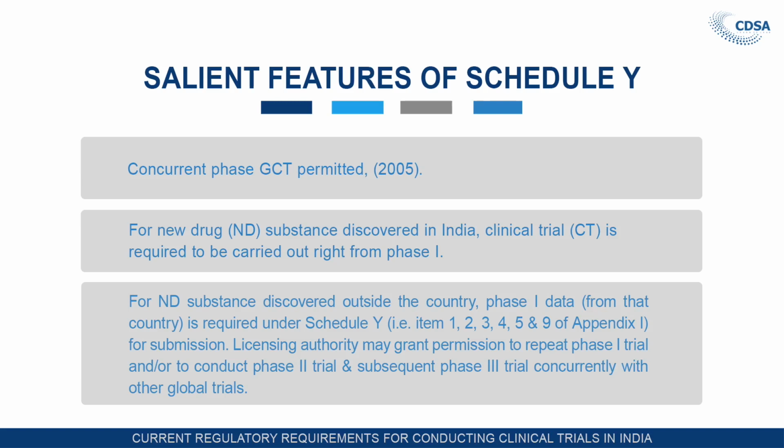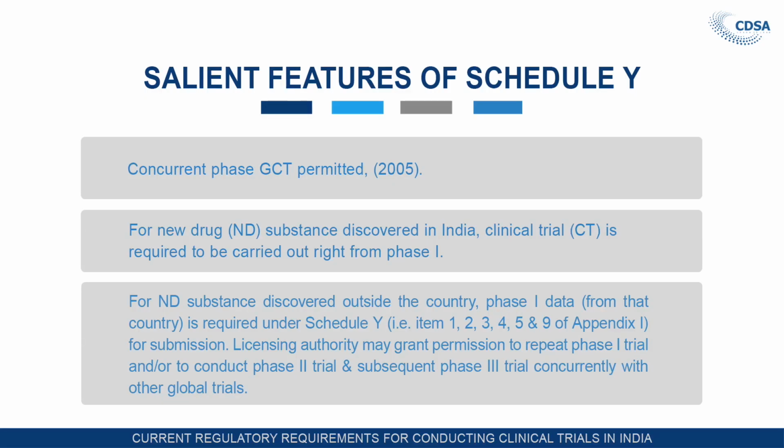It is mentioned under the Schedule Y, items 1, 2, 3, 4, 5 and 9 of appendix. Licensing authority, after seeing that data, may grant permission to repeat phase 1 trial. So, it is very important to repeat phase 1 trial and or to conduct phase 2 trial and then subsequently phase 3 trial and if required phase 4 trial concurrently with other global trials.